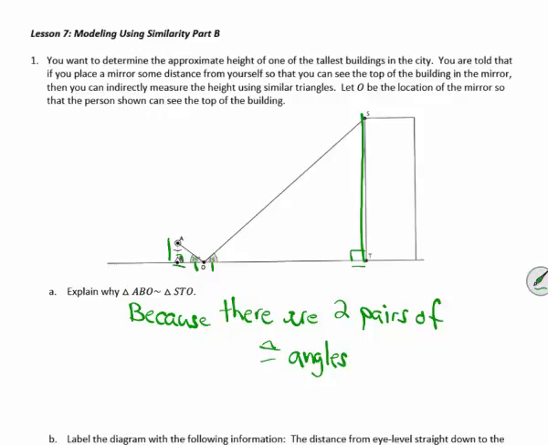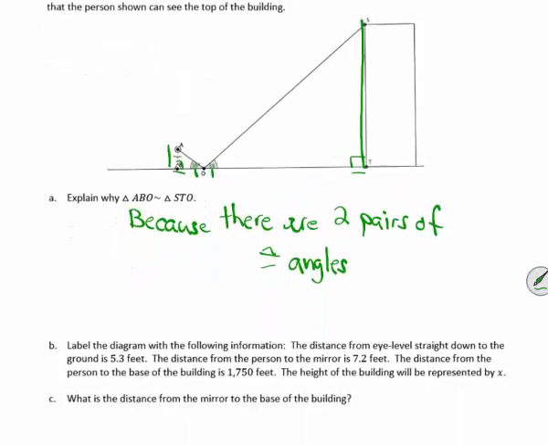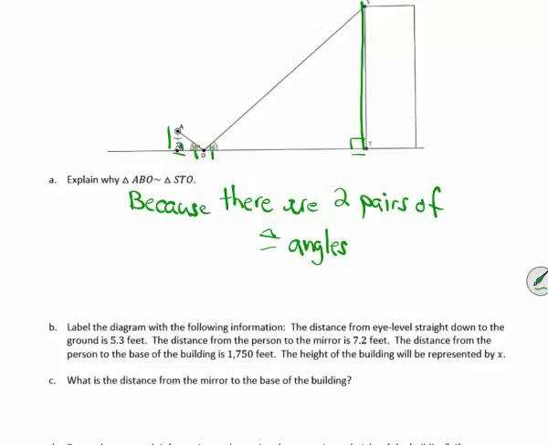All right, well, now label the diagram with the following information. The distance from eye level straight down to the ground is 5.3 feet. So eye level straight down. So this side is 5.3. And the distance from the person to the mirror is 7.2. So that's right here, 7.2.